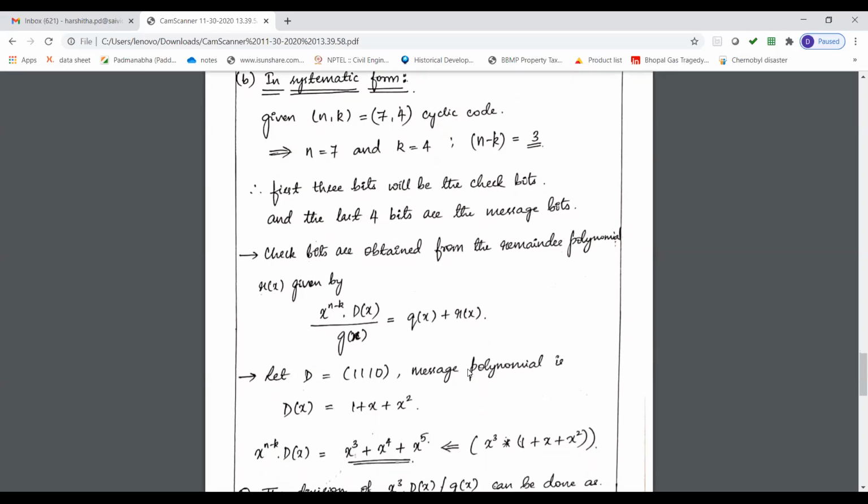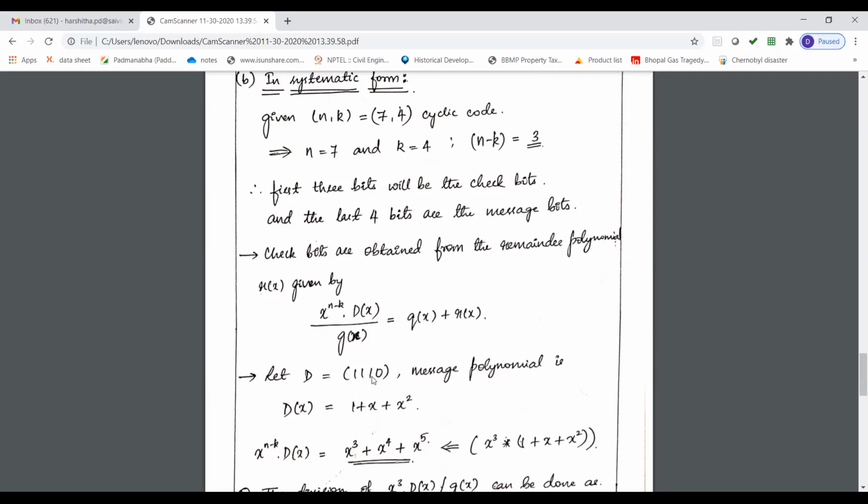Now for this we will consider the data or the message to be 1, 1, 1 and 0. And from this we can write a message polynomial, that is d of x, as this is x to the power of 0, that is nothing but 1. Next I have x to the power of 1, so I'll write x.